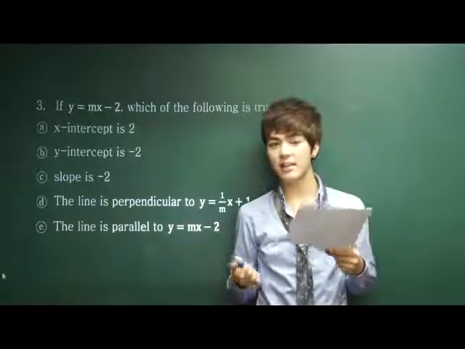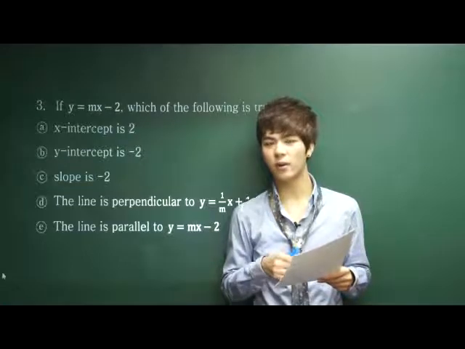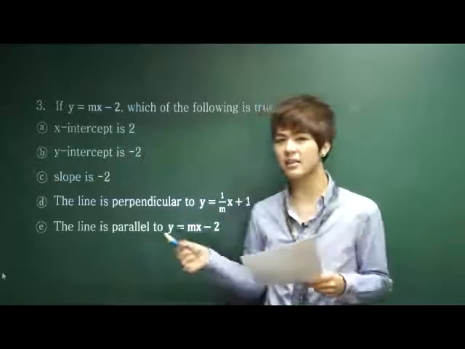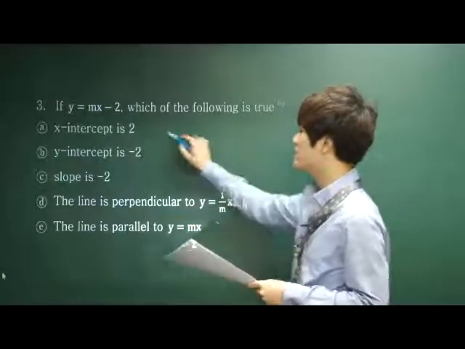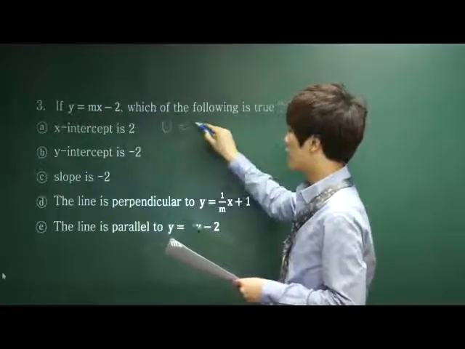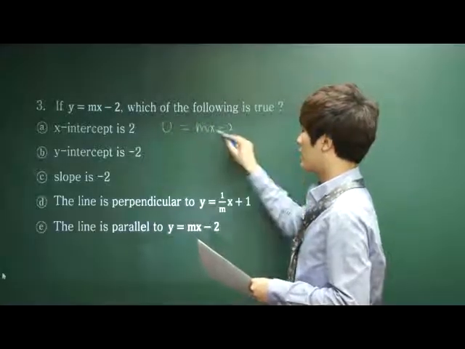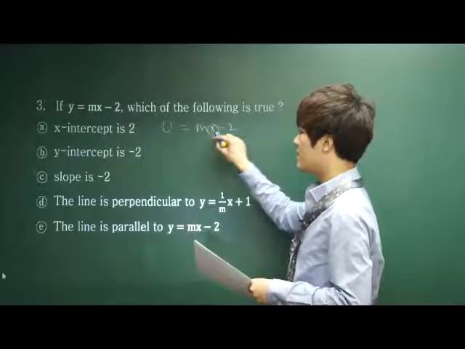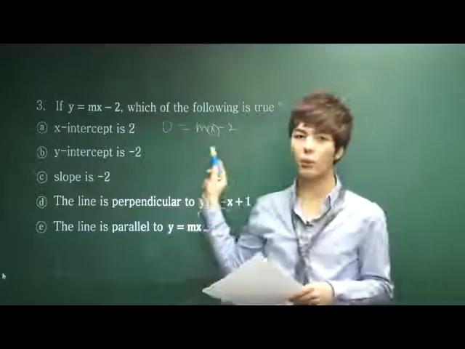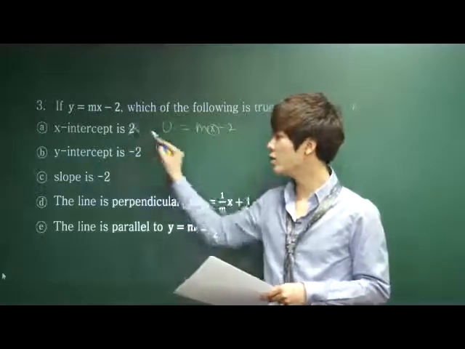So x-intercept is whenever the y value is 0, then whatever the x value is, that is the x-intercept. In other words, when you put 0 in place of y, 0 is equal to mx minus 2, right? Whatever you get for the value of x is the x-intercept. But we cannot find this out. Why? Because we don't know the value of m, right?